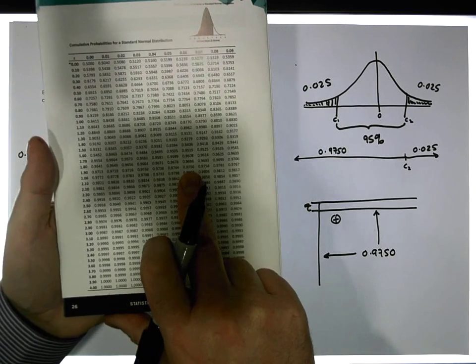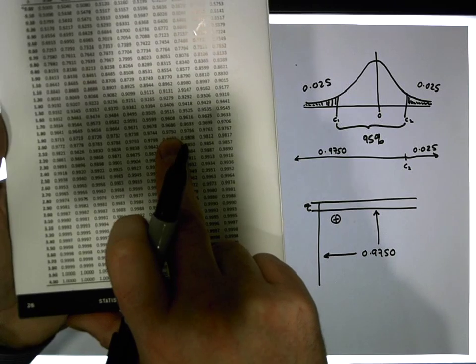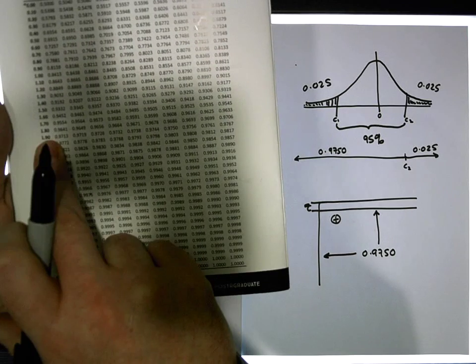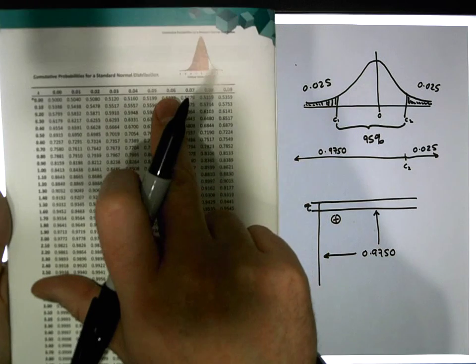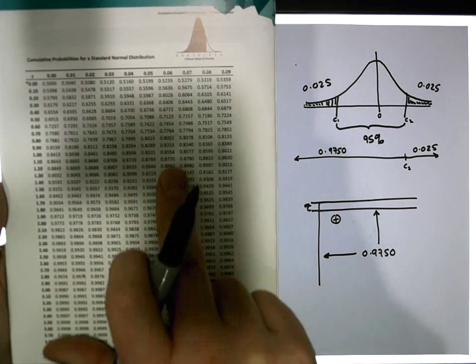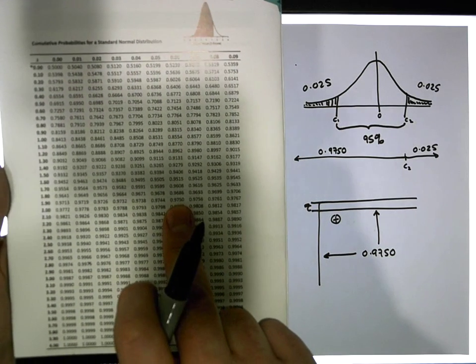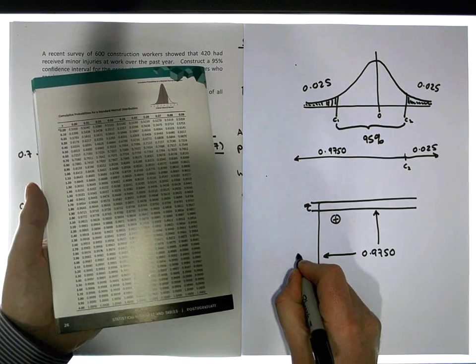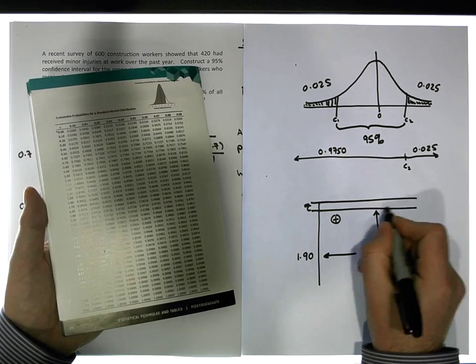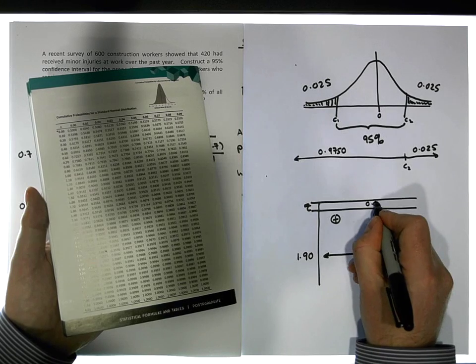And actually here it is here, if you can see it here, it's on the row 1.90 and it's under the column 0.06. Here's the value right here. 0.9750 is on the row 1.90 and it's under the column 0.06.